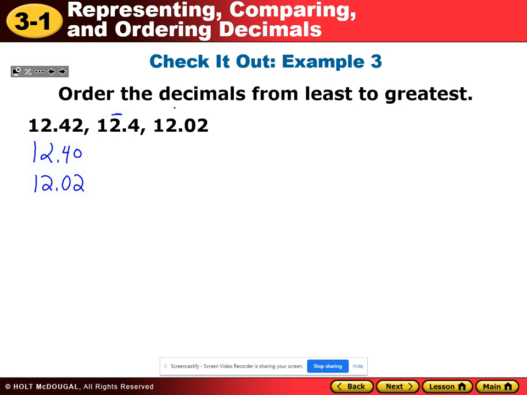We went from bottom to top there. You can quickly and easily see, here is the least, here is the greatest, and then this one is the middle. Least, middle, greatest.